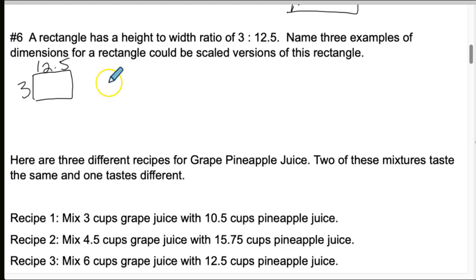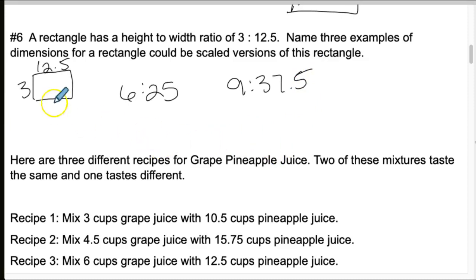So if I multiply each one by 2, that could be a ratio of 6 to 25. Or I could go larger and say my new rectangle is going to be 3 times the size. So 3 times 3 is 9. And 12.5 times 3 is 37.5.